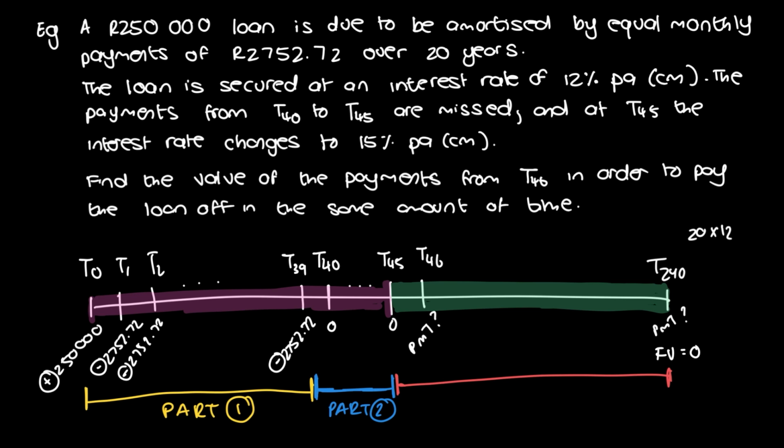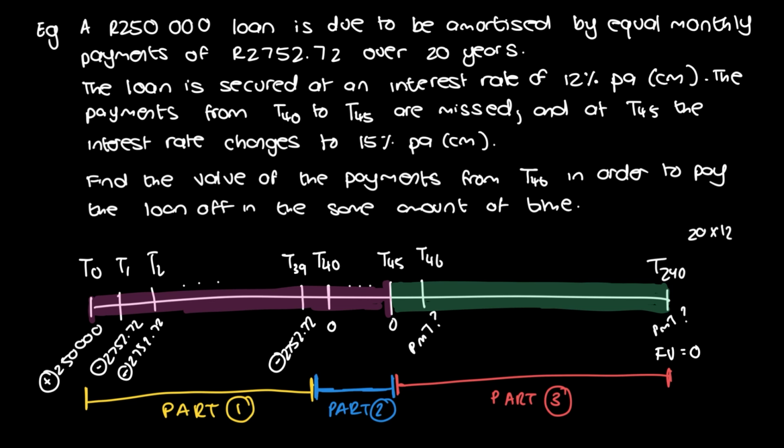So it's another ordinary annuity, but with a new monthly payment that is different to part 1. Okay, so draw your timeline and then you separate it into things that look exactly the same. And now we have part 1, part 2, and part 3 to look at.